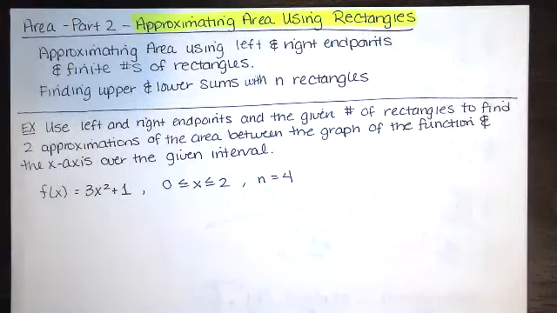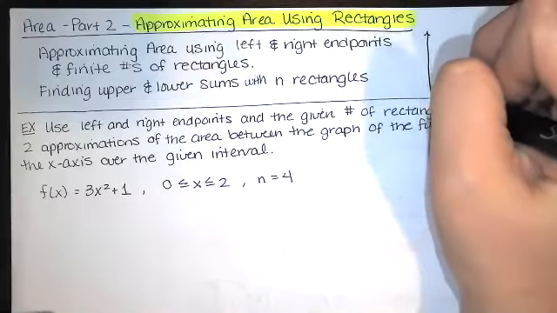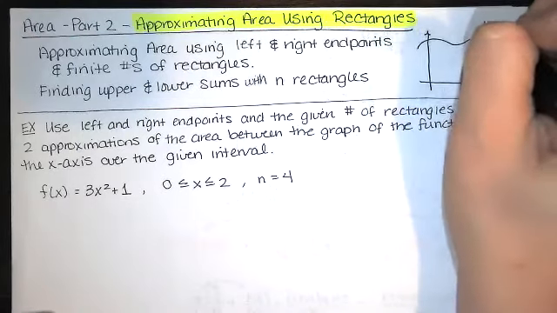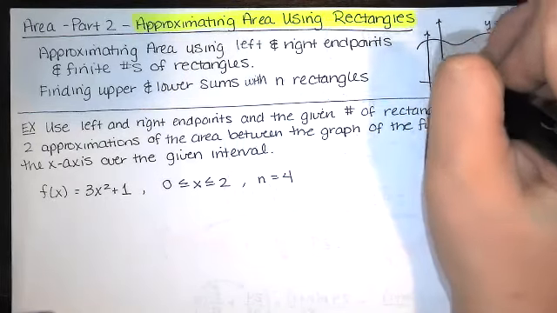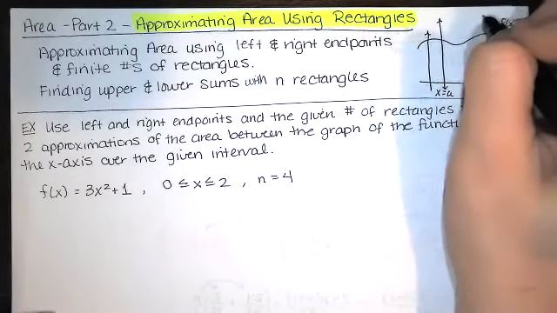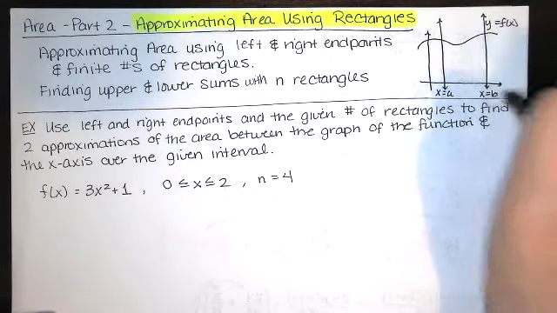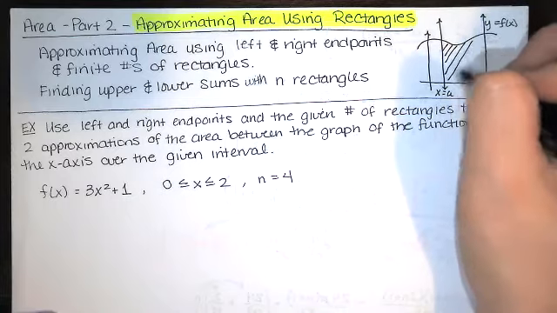So here's the idea. If you're trying to find the area under a curve given by y equals f of x, between the vertical lines x equals a and x equals b, so we're trying to approximate this area.